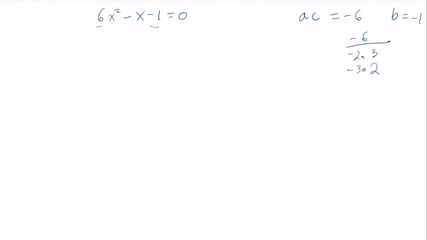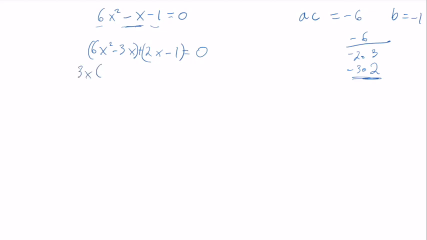So now I can rewrite, using these factors, our middle term. So I have 6x squared minus 3x plus 2x minus 1 equals 0. Now I need to go ahead and factor by grouping. When we factor by grouping, we're pulling out the greatest common factor. The greatest common factor of 6x squared and 3x is going to be 3x.